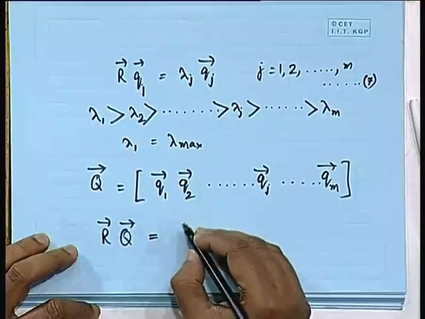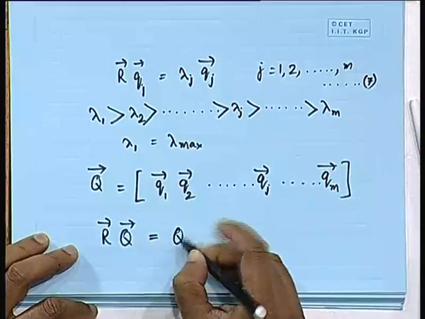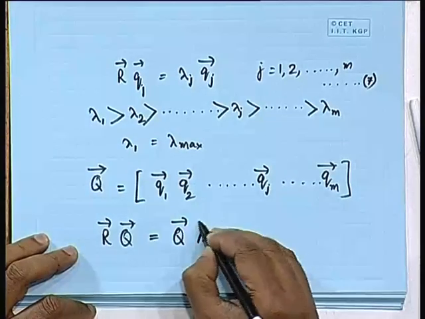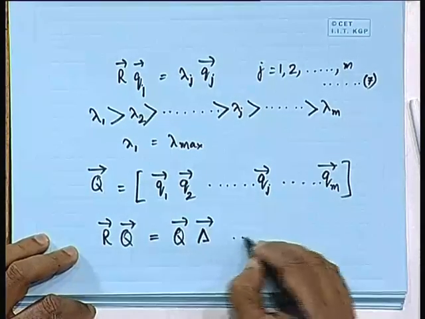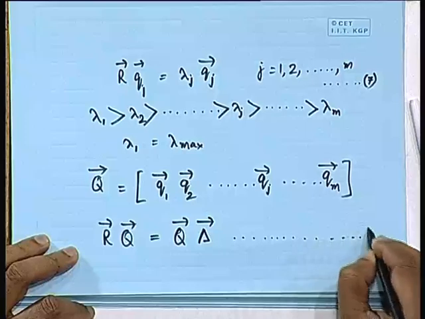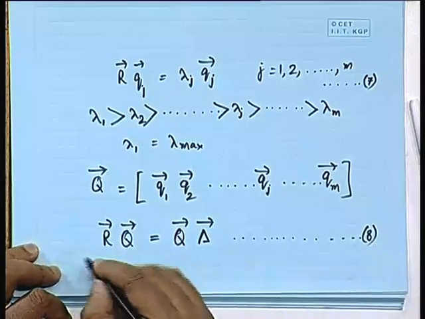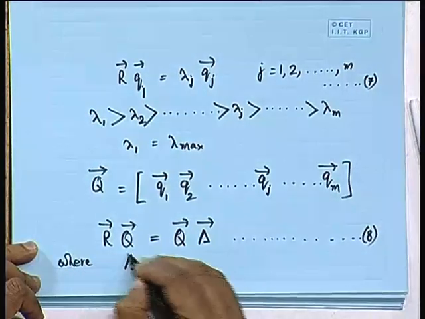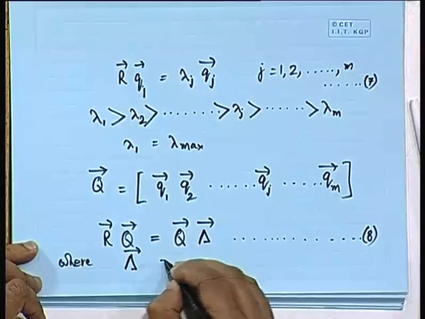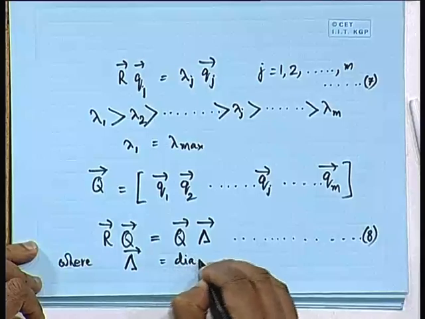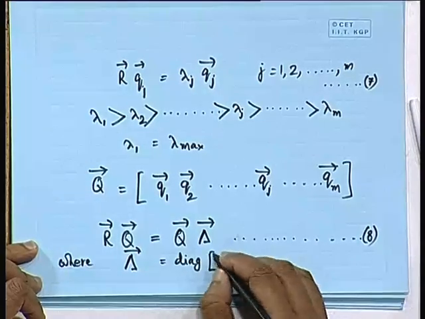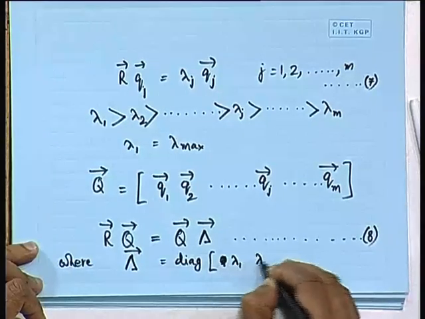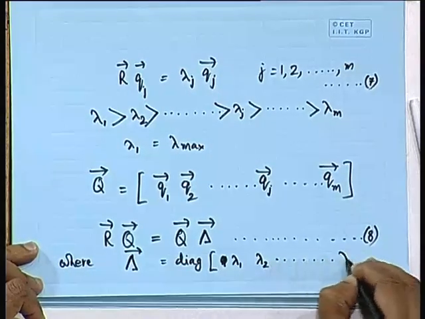So, we have here R Q is equal to Q lambda matrix, we call this equation number 8, where this capital lambda matrix that we are writing is the diagonal matrix with elements lambda 1, lambda 2 up to lambda m.